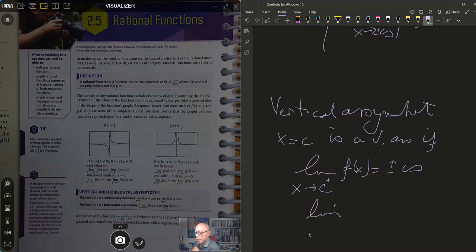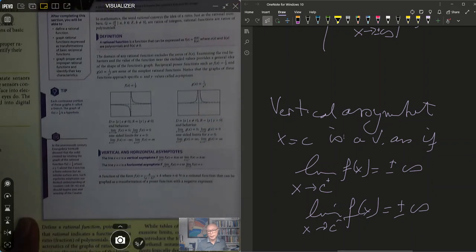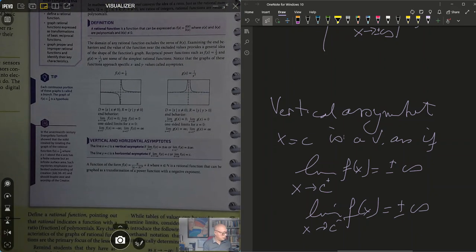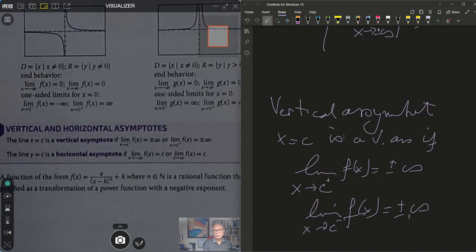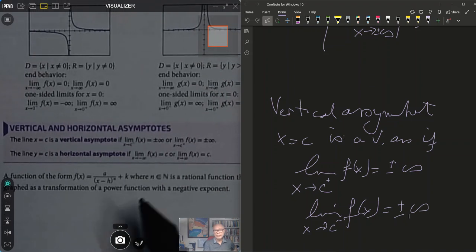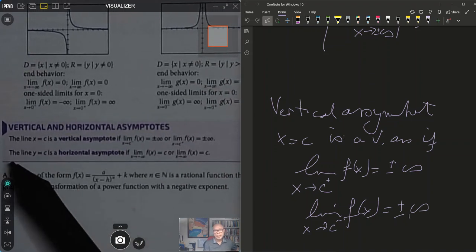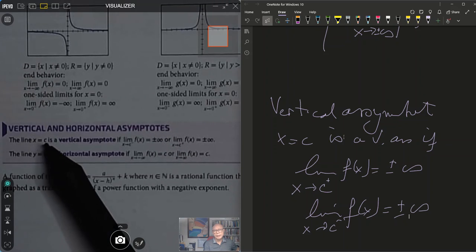And if x goes to c from the left, the function would also be positive or negative. That's the vertical asymptote. That's what the book says here.